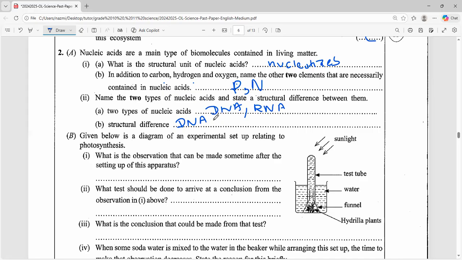DNA is double-stranded, right? Do you have that in the textbook? No? Or else you can tell about the bases. You don't have the bases either? Let's check. You can tell the sugar molecule. DNA has deoxyribose and RNA has ribose.